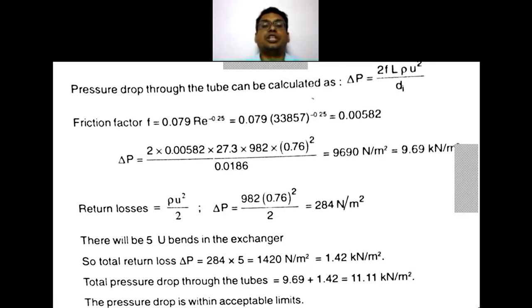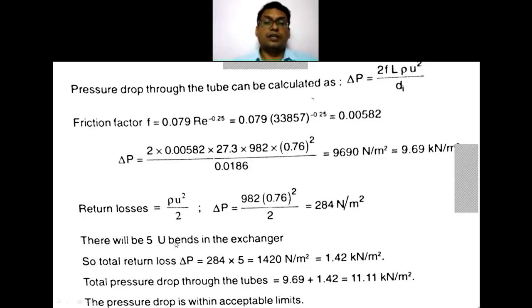Then the return losses, rho u square upon 2, which is delta P, comes as 982 into 0.76. 982 is the delta P, which is equal to h rho g. So 284 Newton per meter square is the return loss pressure, half m v square.